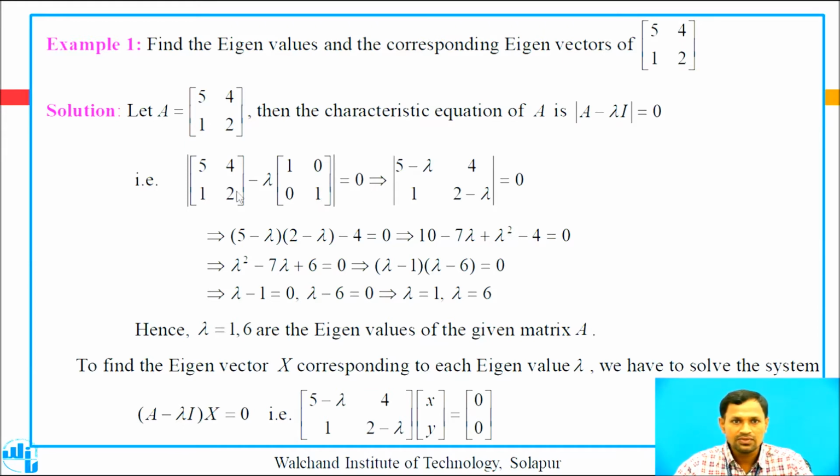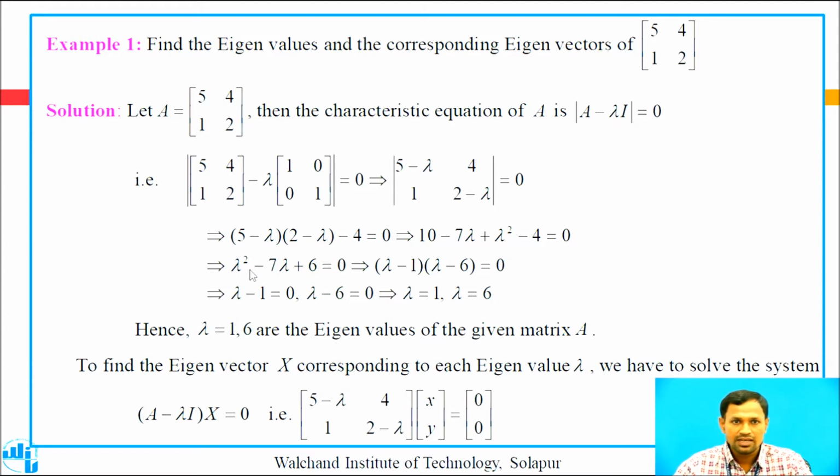Then simplify this, which implies that determinant of first row 5 minus lambda, 4, second row 1, 2 minus lambda equal to 0. Determinant of this matrix is 5 minus lambda into 2 minus lambda minus 1 into 4 equal to 0. This implies 10 minus 7 lambda plus lambda square minus 4 equal to 0.